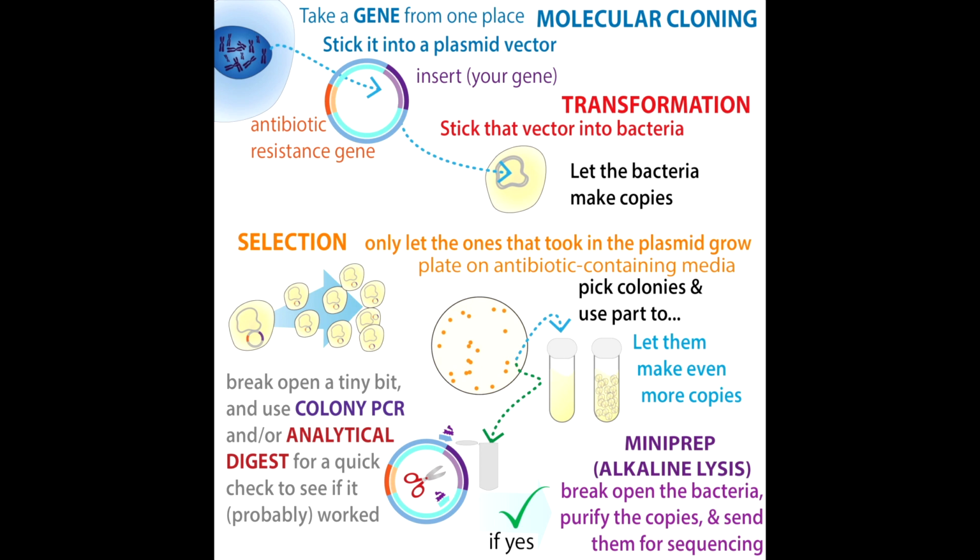The PCR will break open the cells, and if the DNA is there, it'll copy it. The good thing is you don't have to purify it, and if you keep track of which colony corresponds to which growth, you don't waste your time doing mini preps on ones that didn't work.